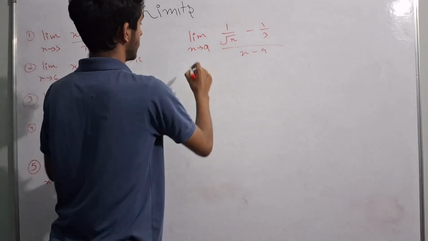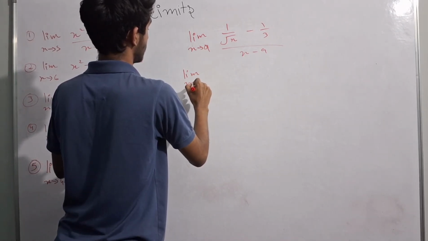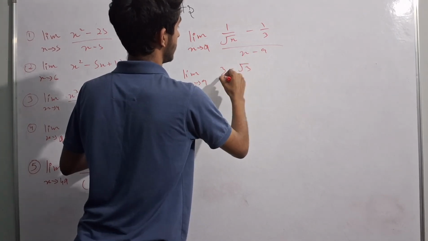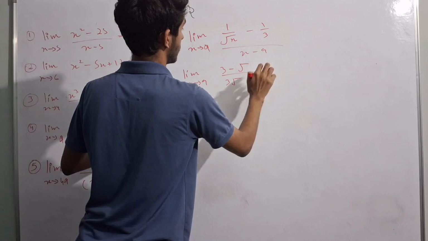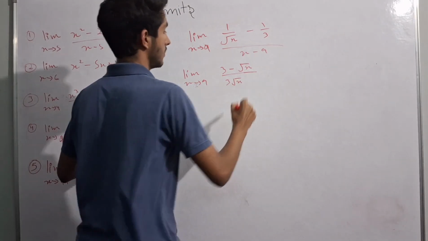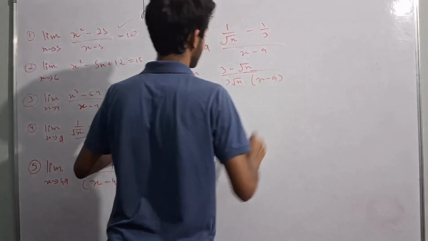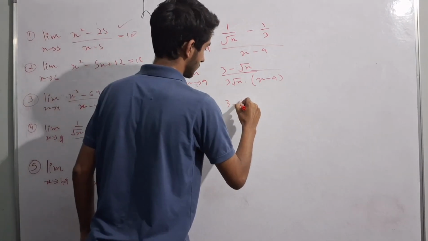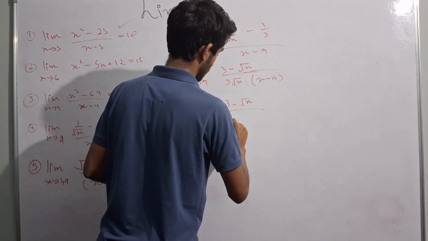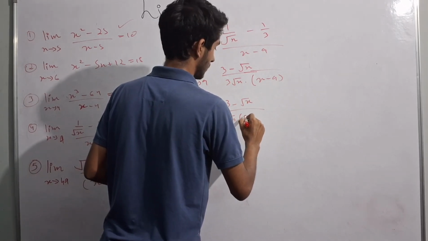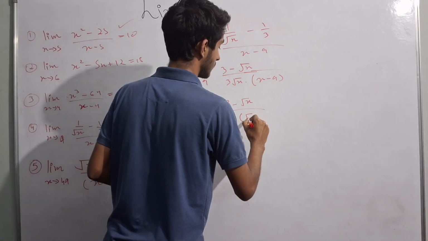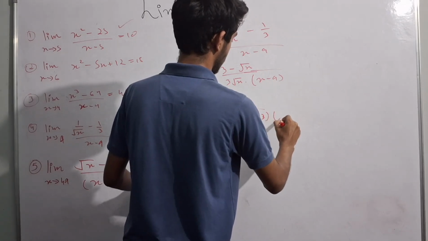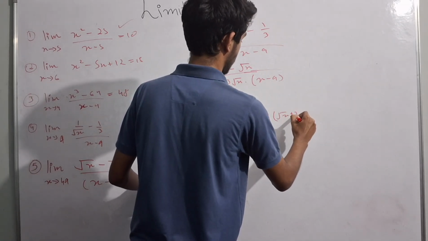So I can simplify the numerator. x tends to 9, (3 minus root x) upon 3 root x, into (x minus 9), which is 3 root x into (root x minus 3) into (root x plus 3).